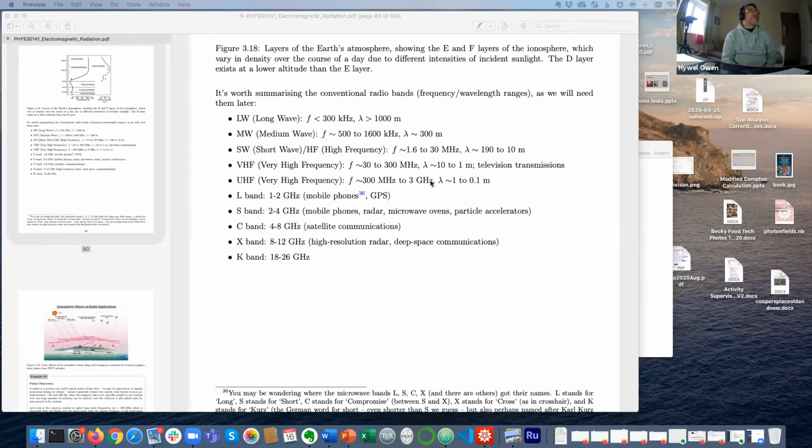Now that UHF band overlaps with 2 other conventional bands, and these other bands are labeled L and S. And L and S are conventional labelings for frequency ranges which were used in radar. Now, those frequencies are also widely used for mobile phones, and your ordinary smartphone will usually operate in the L band region.